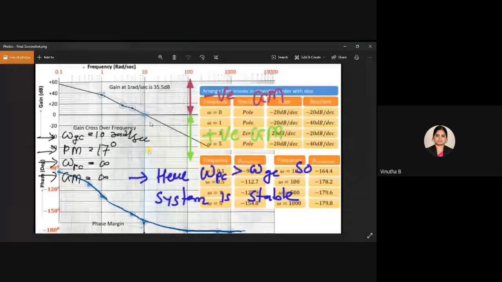So again, from omega is equal to 5, where you have drawn and extended this line to that point, make a darker version of it. Then again from omega is equal to 5, the next decade will be till 50. From there you have to go down by again minus 40 dB. So like that you have to do the graph.